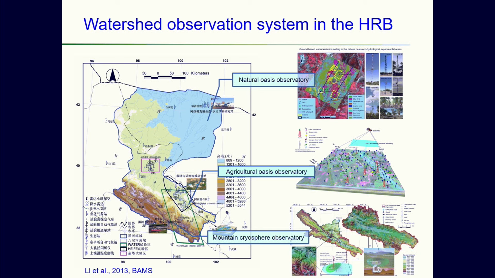After many years of effort, currently we have an integrated comprehensive observing system consisting of, for example, more than 10 eddy covariance systems in different landscapes, wireless sensor networks to measure soil moisture, soil temperature, and leaf area index, and frequently we also do airborne missions to collect various data: lidar data, microwave data, and optical remote sensing data.